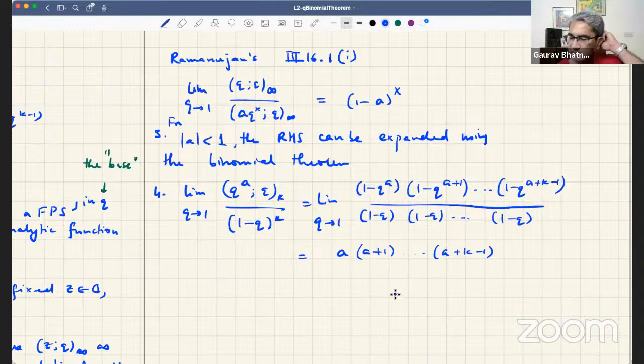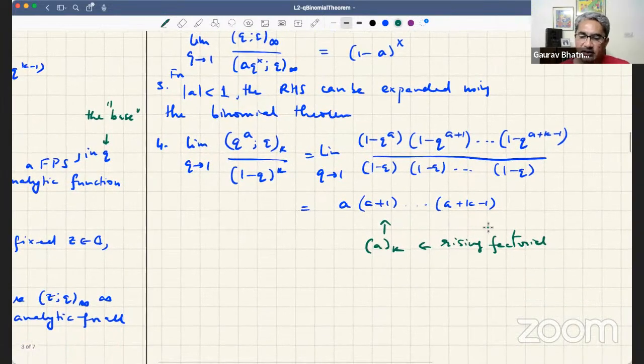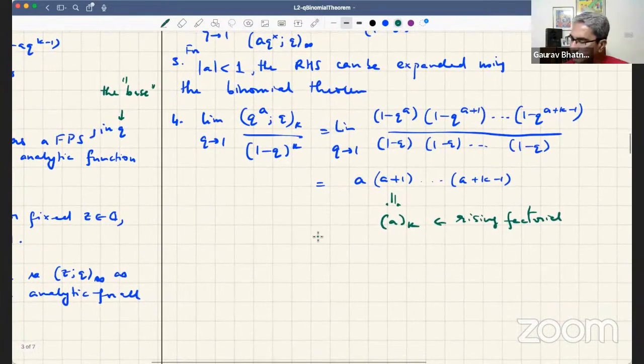This is denoted as (a)_k. This is a rising factorial, and this is the definition. You can define the rising factorial like this.